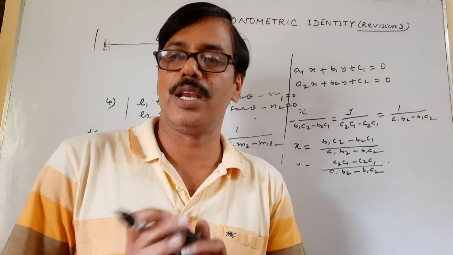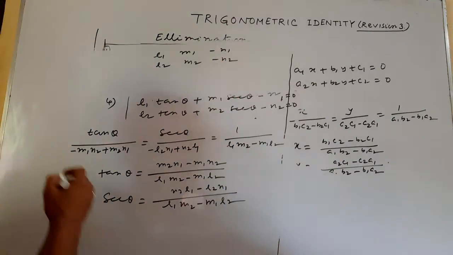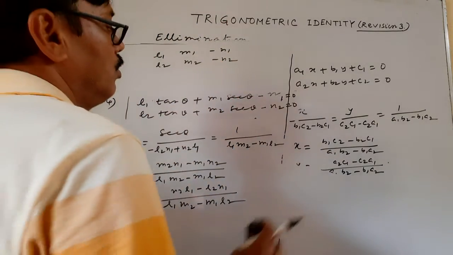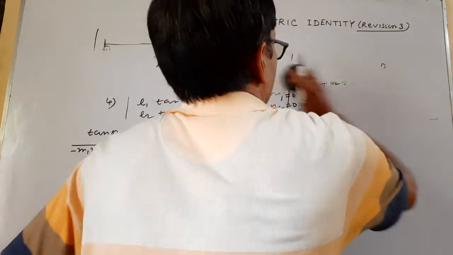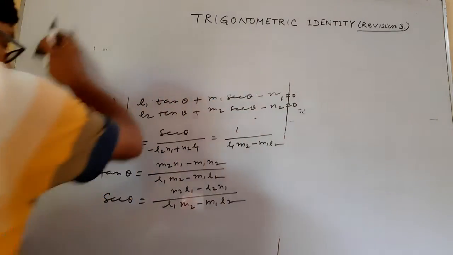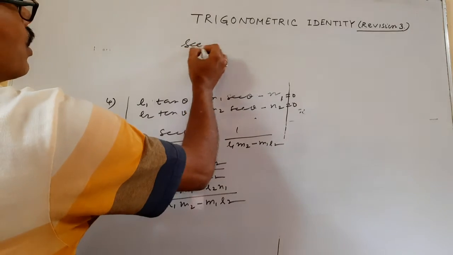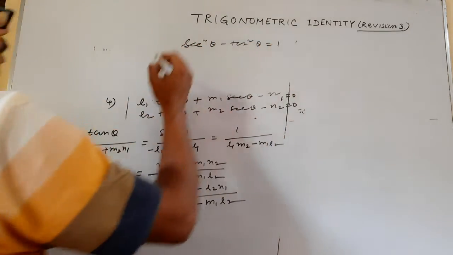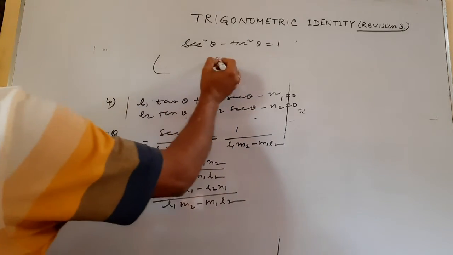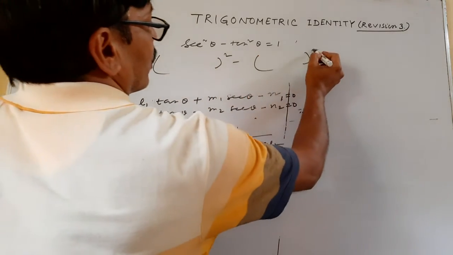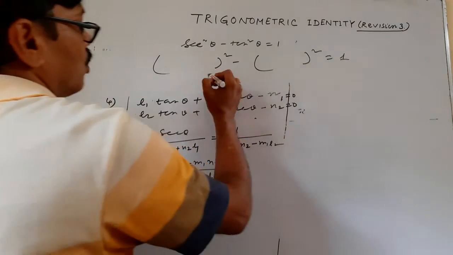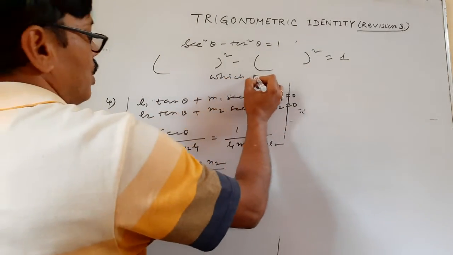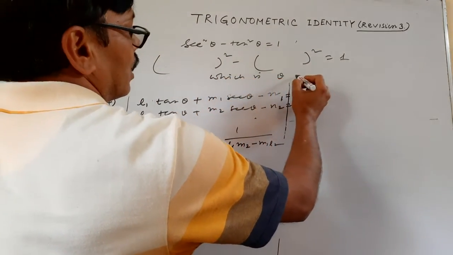You can use any method, but the method of cross multiplication will take least time. Now we know sec square theta minus tan square theta equals 1. So put the values of sec theta and tan theta, equal to 1, which gives the theta eliminant.